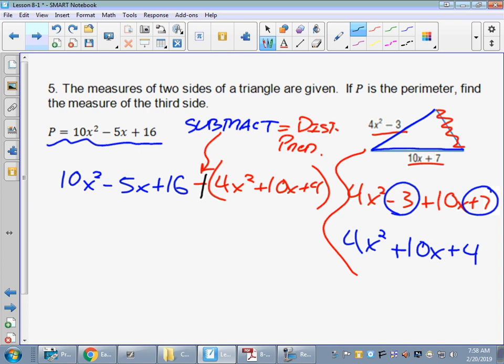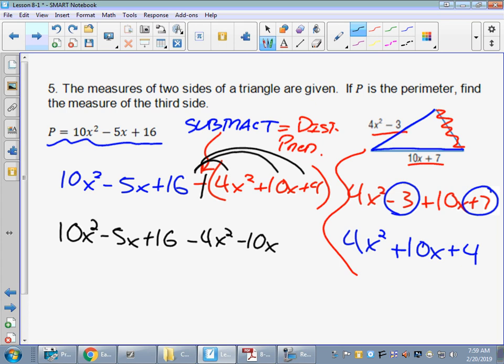So as I go through this and rewrite, I'm going to have 10x squared minus 5x plus 16. And I'm rewriting because I'm distributing. -1 times 4x squared is a -4x squared. -1 times 10x is -10x. And -1 times 4 is a -4. So just change the sign of everything in there.